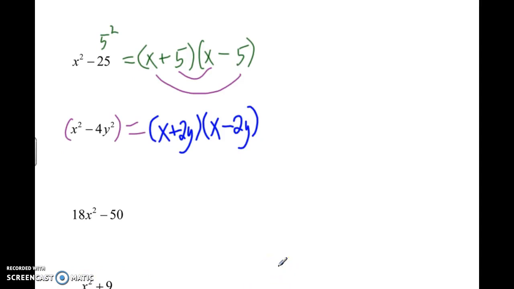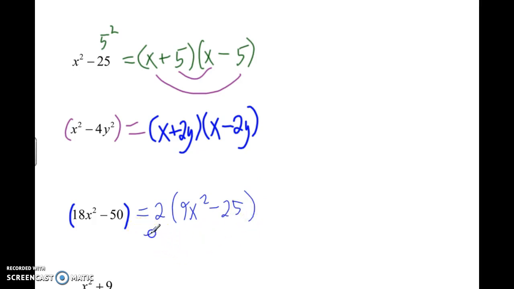And here's another one. This one doesn't look like difference of squares at first, actually. But if you remember, I told you it's going to really help to think about the GCF first. So if you take out a GCF, the GCF of that is, well, I know 2 is. So 2 times 9x squared minus 25.